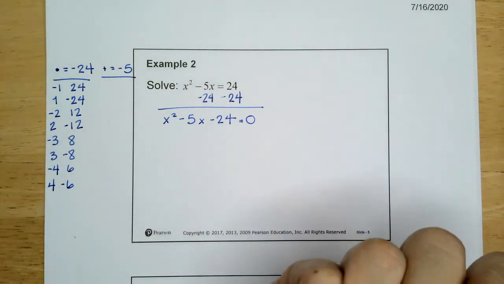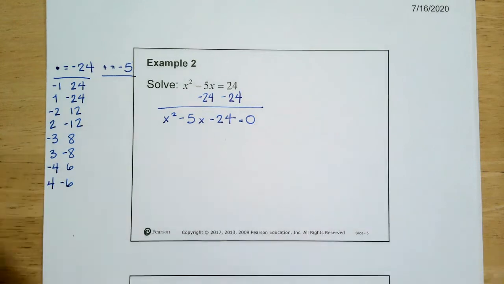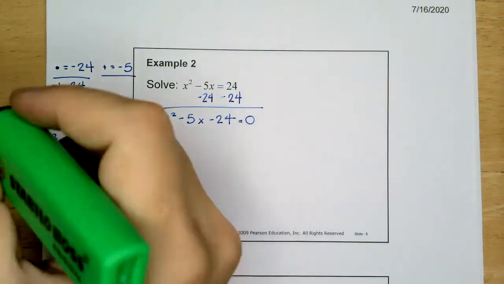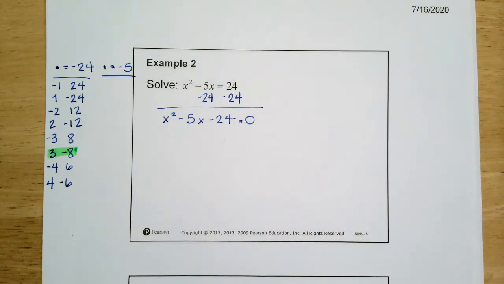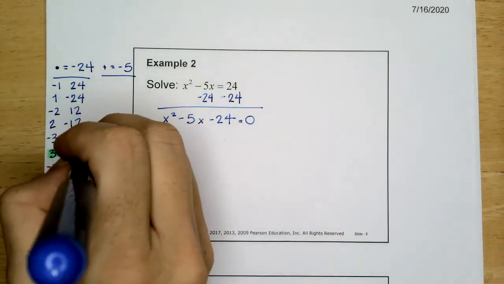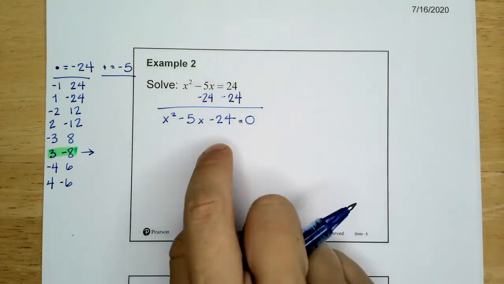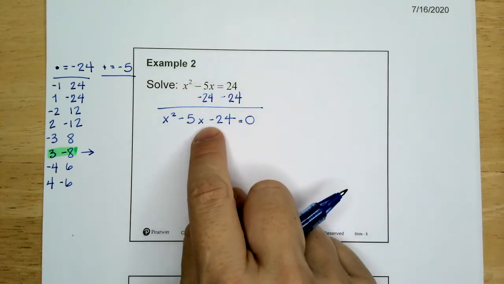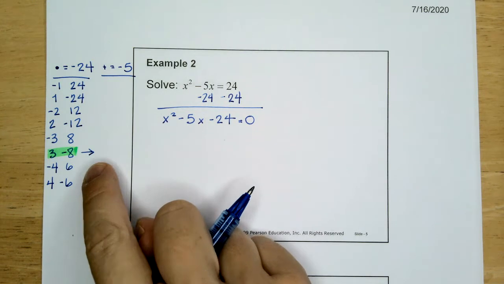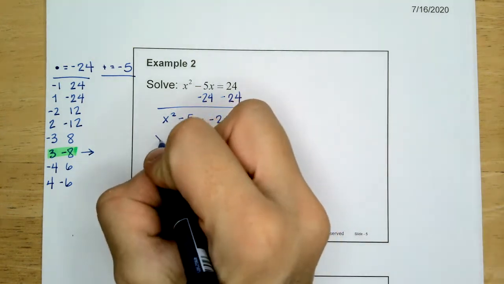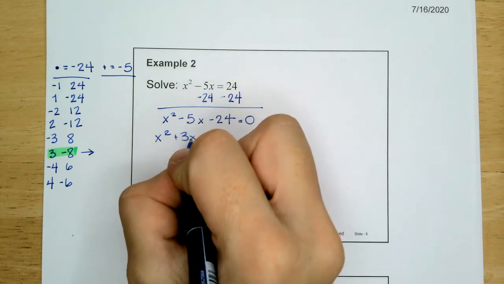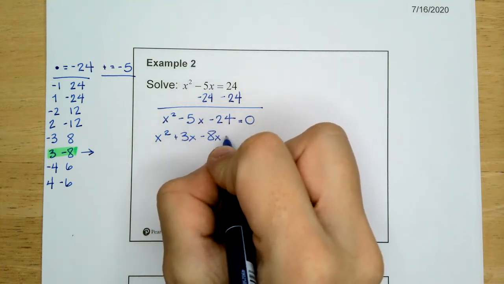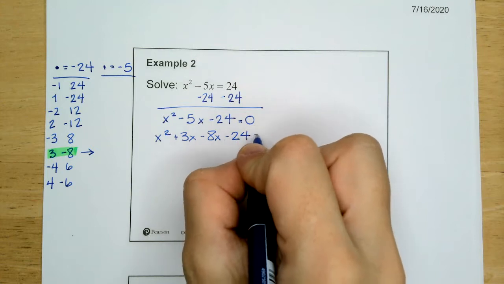Do any of those add up to give me a negative 5? I think so. If I add 3 and negative 8, I get negative 5. So instead of negative 5x, I'm going to replace it with 3x and negative 8x. So I have x squared plus 3x minus 8x minus 24 is now 0.